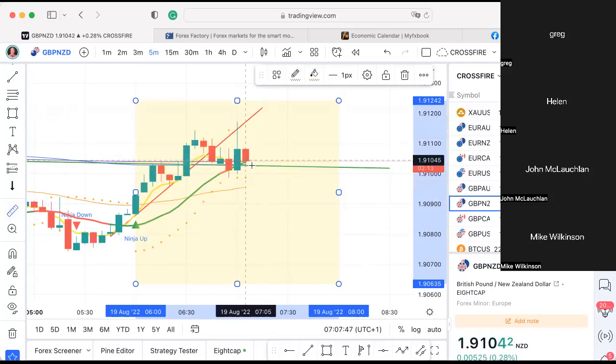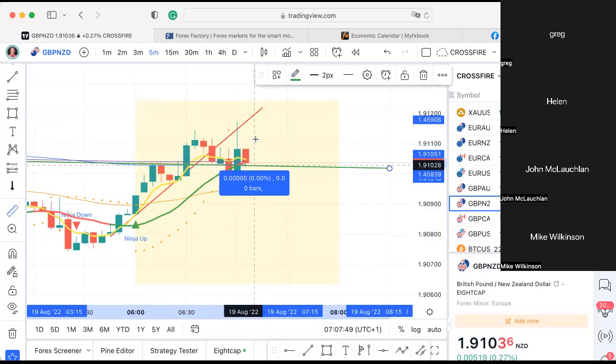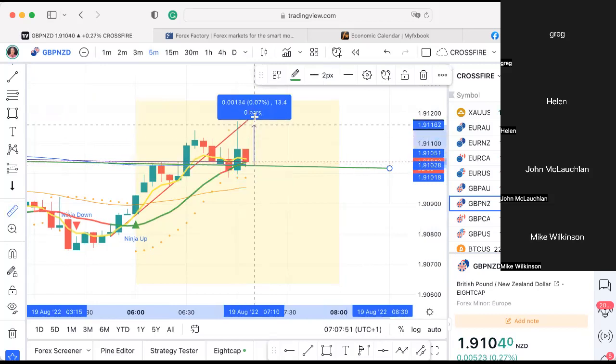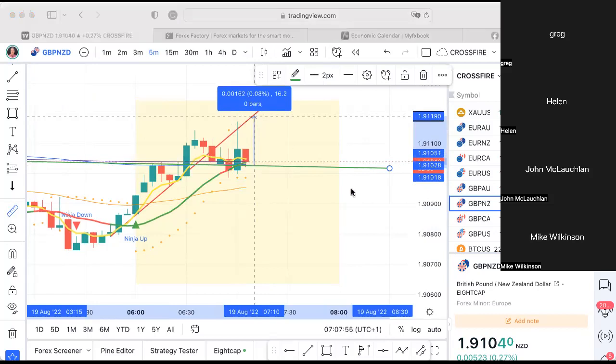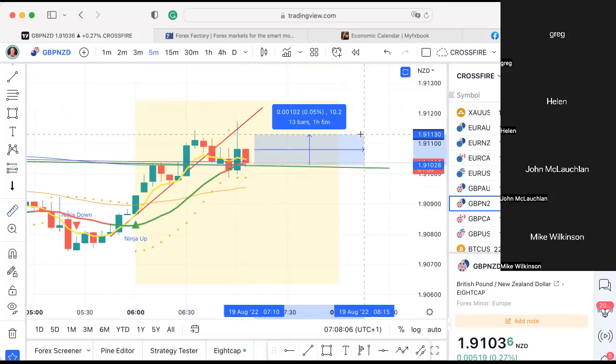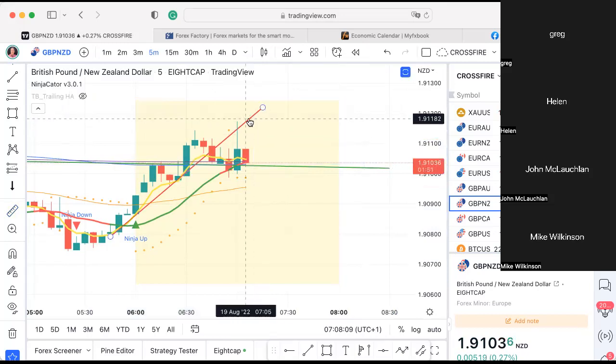If you're going from that green line up to the red line, there's a gap of 16 pips, so that's reasonable. If the gap was tighter than that, I wouldn't be interested in getting in for a buy, purely because that red line is a strong resistance point.